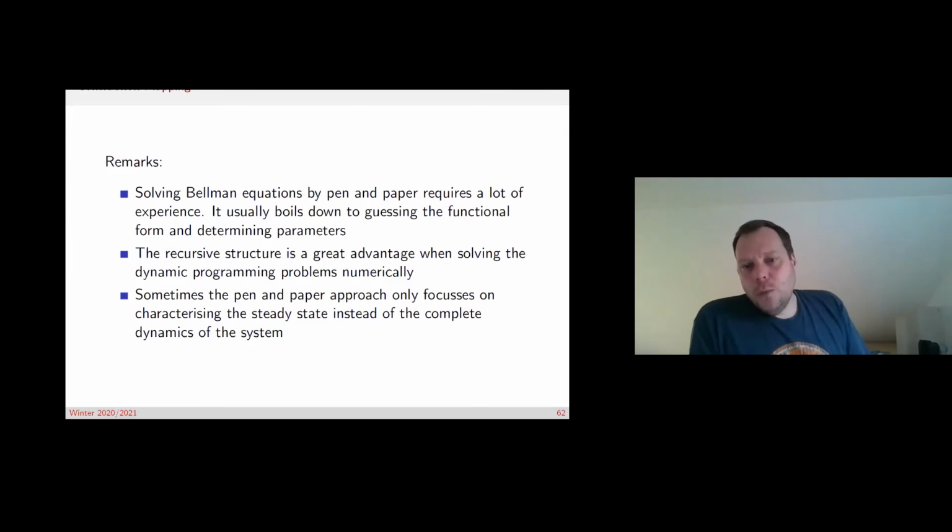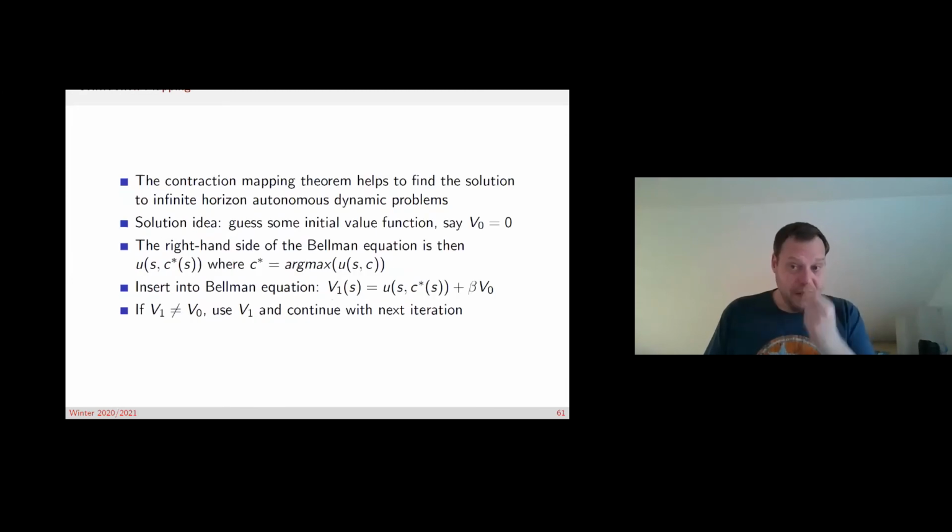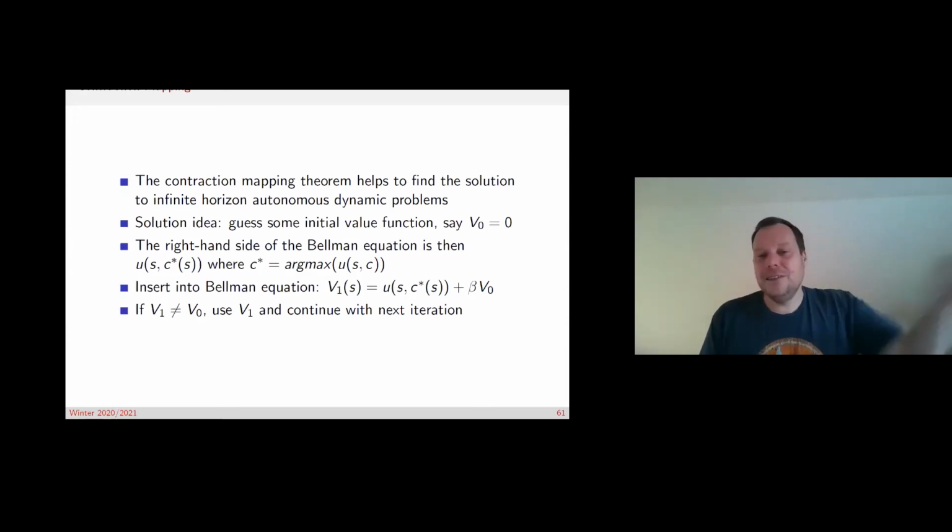So usually what people do when they want to characterize those problems on a pen and paper basis, they guess somewhat the functional form and determine then the parameters. Okay, so what people would do is they would not start with V0 equal to 0. This is what you do if somebody else does the work for you, so the computer.